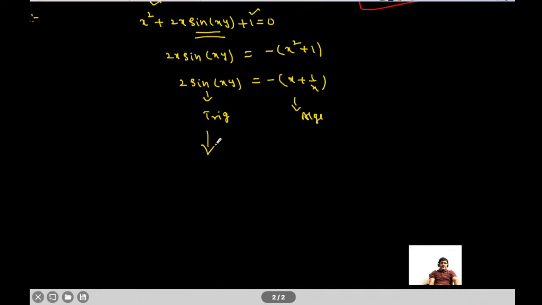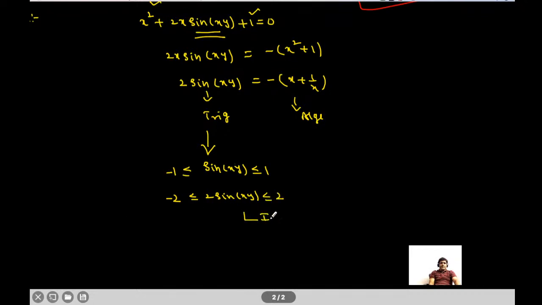Sin xy always lies between minus 1 and 1. Multiply throughout by 2. Therefore, minus 2 is less than or equal to 2 sin xy is less than or equal to 2.